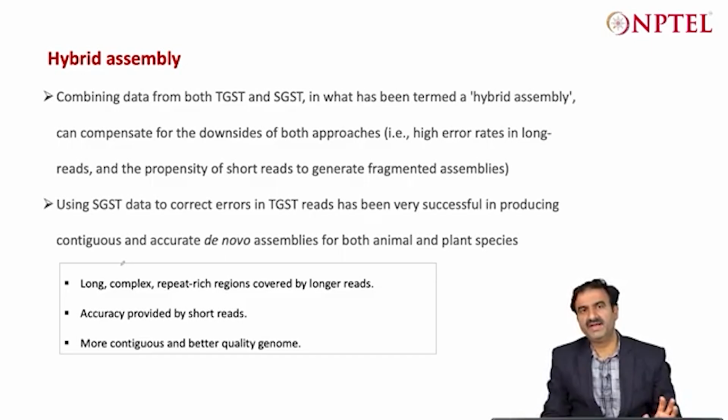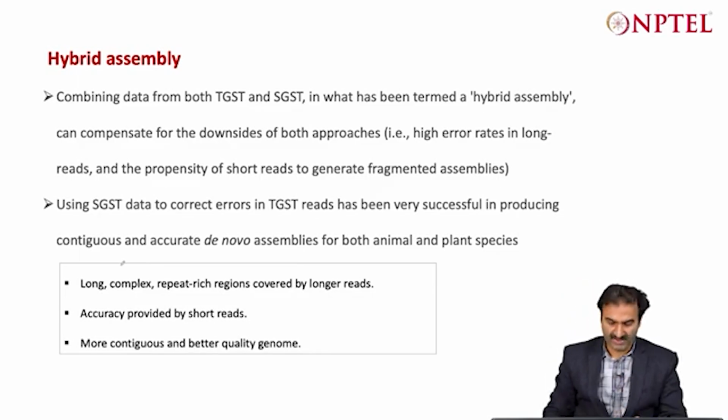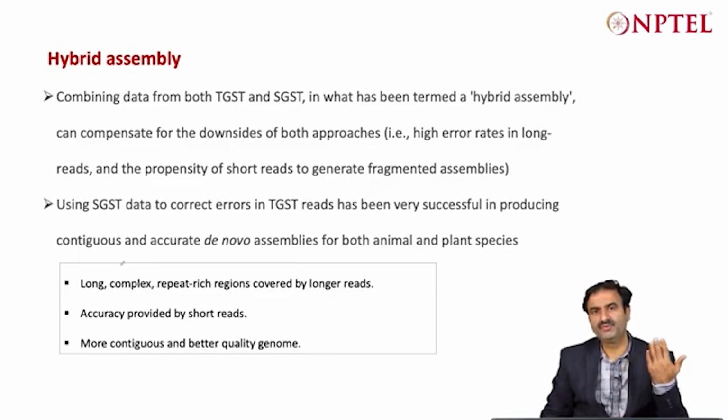And once you have the hybrid, there are different ways of achieving the hybrid assembly. Either you use the short read data to improve the long read assembly, or long read data to improve the short read assembly, right? Or you create a hybrid assembly and then use both long and short read data to improve the assembly.